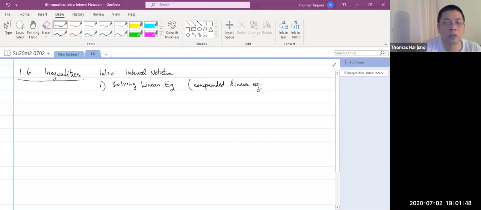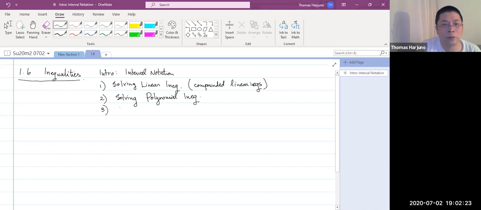I think you saw this type of linear inequality in your intermediate algebra at the basic level. After that, we will solve polynomial, I'm sorry, not equations, my bad, inequalities. And then the second part, we will solve polynomial inequalities. And then finally, we will solve rational inequalities.